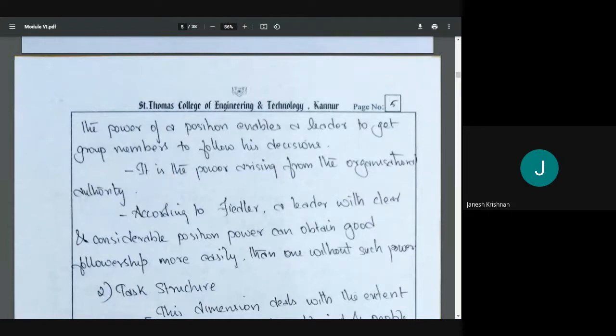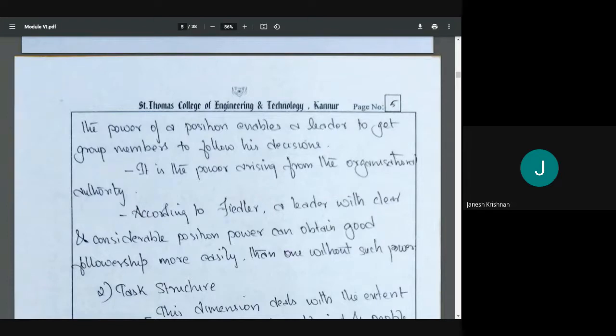Similar to that, this power arises from the organizational authority, and according to Fiedler, a leader with clear and considerable position power can obtain good followership more easily than one without such power. So if a leader has clear and considerable position power, he'll garner followership more easily.